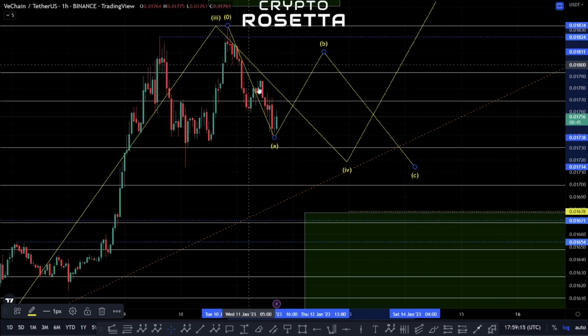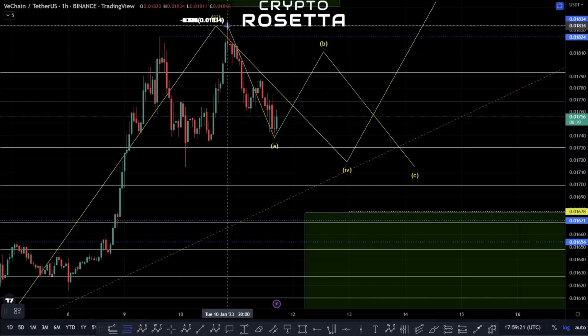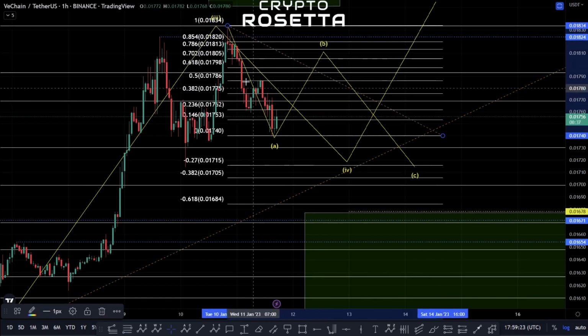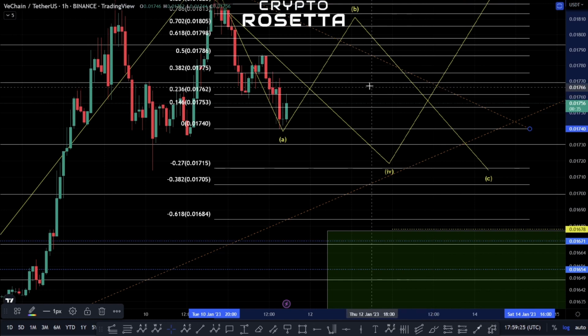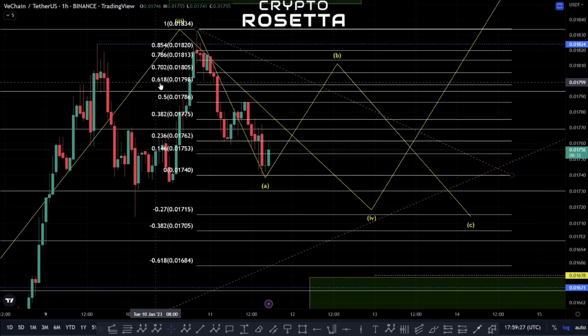So if this does actually turn around here, what we'd be looking for is this B wave retracement. So this B wave retracement to the upside could look to take us up here somewhere between this zone of 618, this 1798, sorry, the 1786, which would be a 50%, which would be testing these highs, all the way up to this 1813 zone.